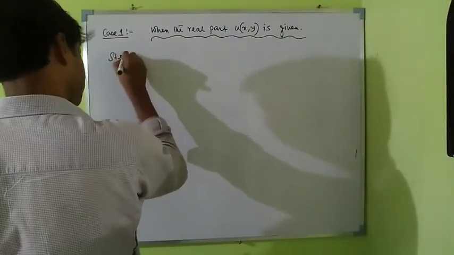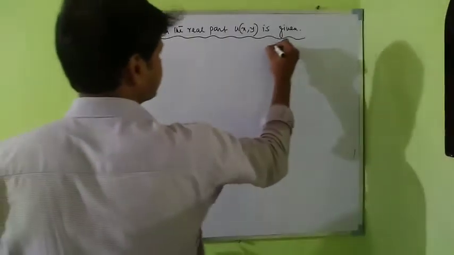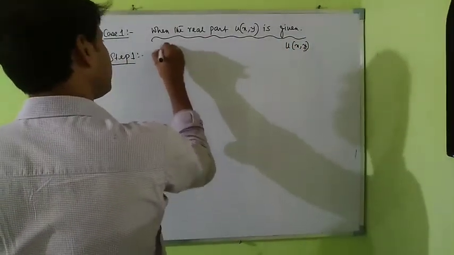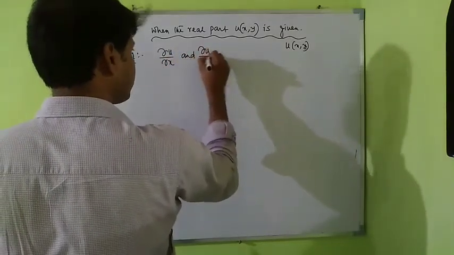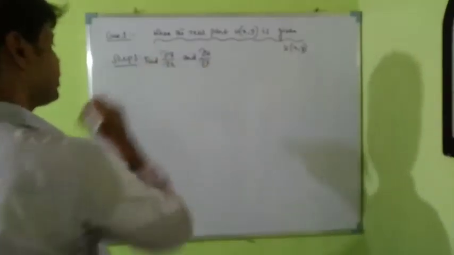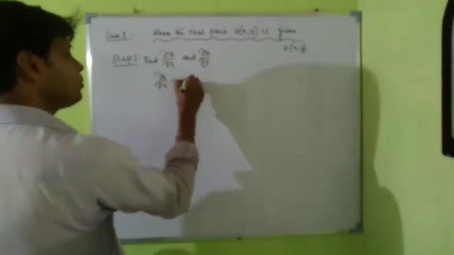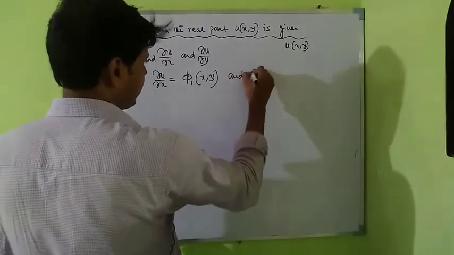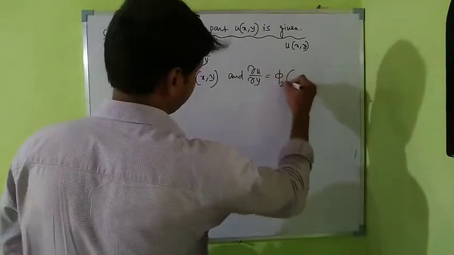Step 1, how can I find f(z)? First, u(x,y) is given. Find del u del x and del u del y. We say that del u del x is phi 1 (x,y) and del u del y is, suppose, phi 2 (x,y).